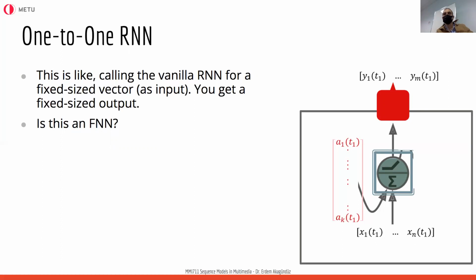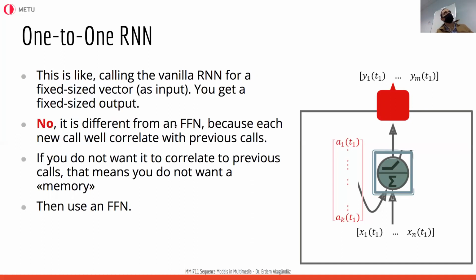Because some problems, although they require one input and one output, need the history. So is this an FNN? No, it's different from an FNN because there are previous calls, so it has a history. Although the inputs that you feed are different samples, the system will have a history, like learning.